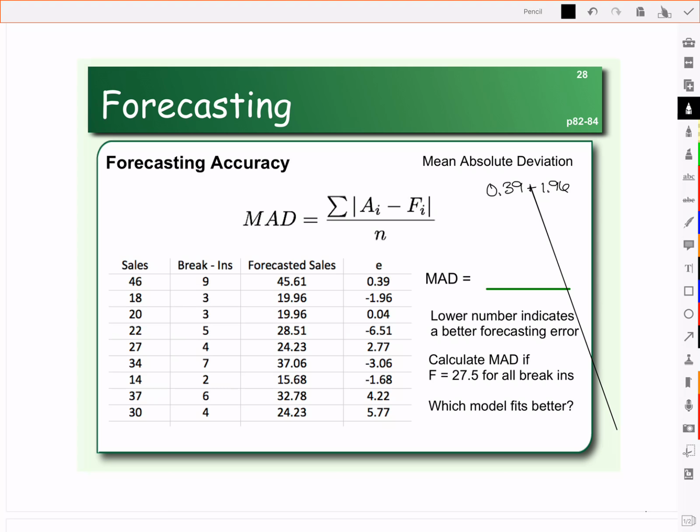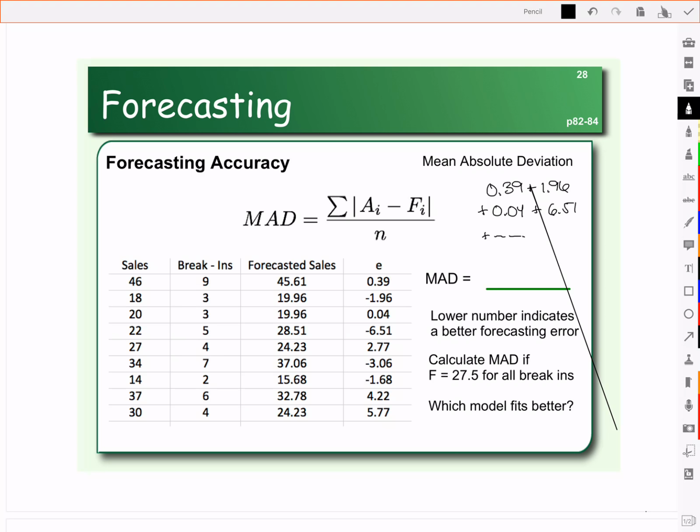Notice we got rid of the negative. We took the absolute value of the error. And then we would add 0.04, and then we would add 6.51, again getting rid of the negatives. Absolute value gets rid of the negatives of all the numbers. So we would keep going, and we would add up all of the forecasting error.